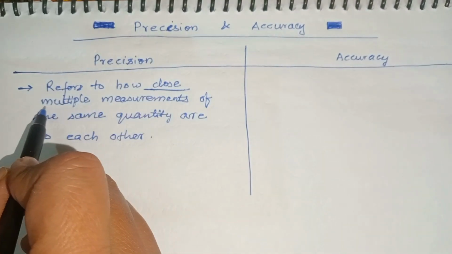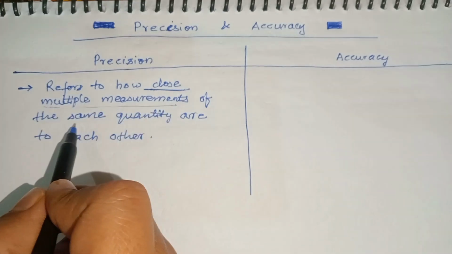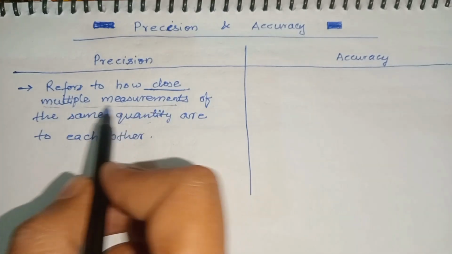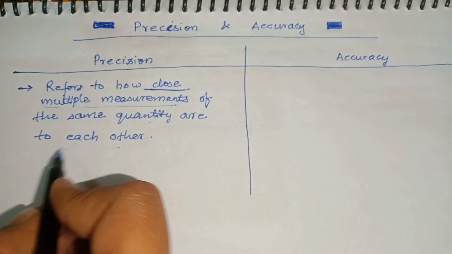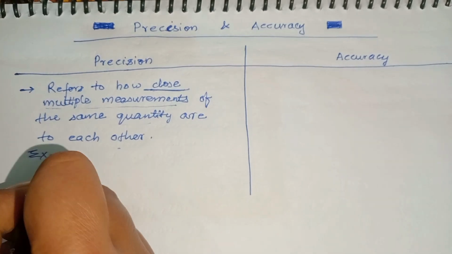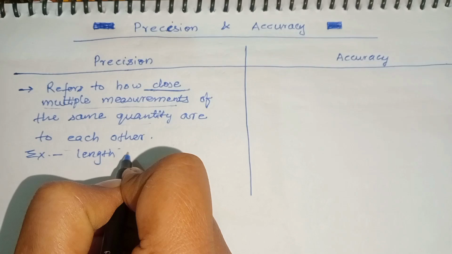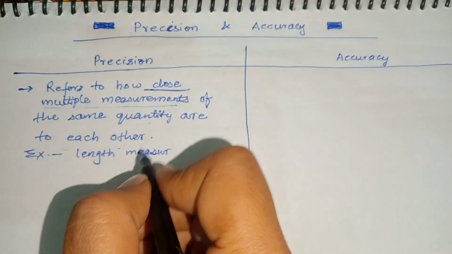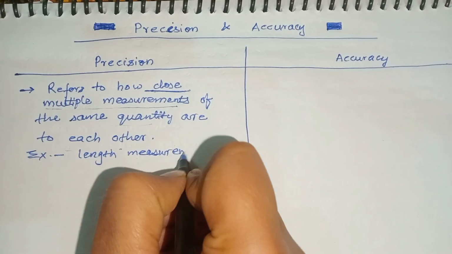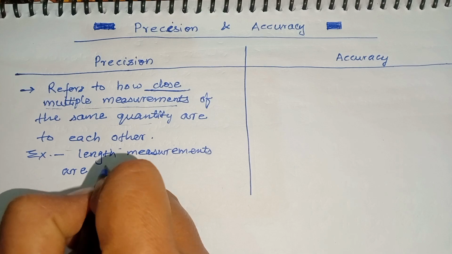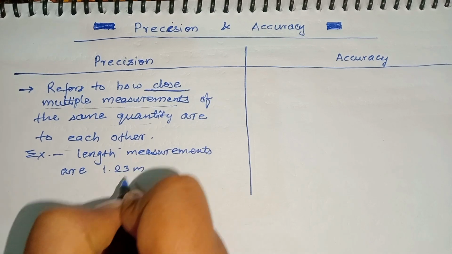Okay, when there are multiple measurements of the same quantity and they are very close to each other. For example, let us take an example. Suppose that length is measured of some instrument. Suppose it is the length of a rod. The first time it is measured as 1.23 meters.